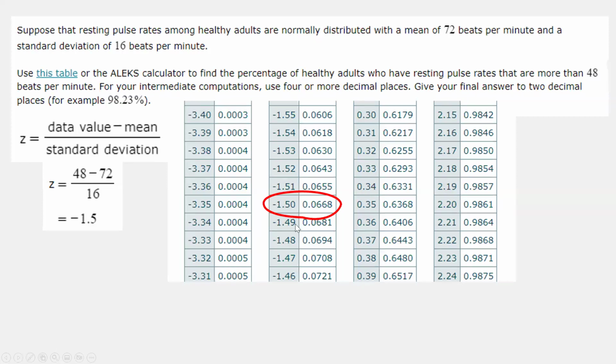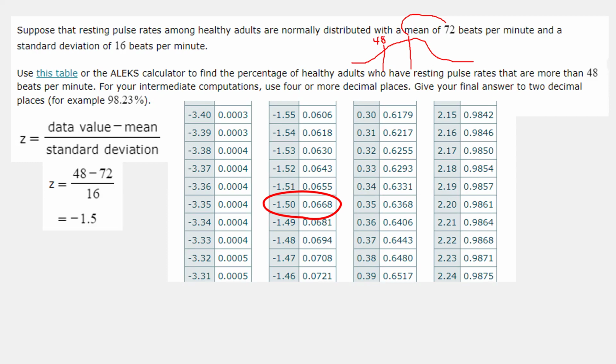If I was to try a real quick sketch of this, I have my nice bell curve, assume it's nice. I have a middle, which in our case is the 72, right there. And then we have this value over here, we're going to just put it right here. This is our 48. So this is the 48 that we're interested in.